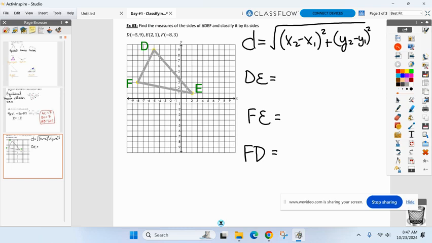Once everyone's done, take a quick peek with everybody in your group. Everyone get the same distances? If not, we'll have to figure out who's right and who's wrong.